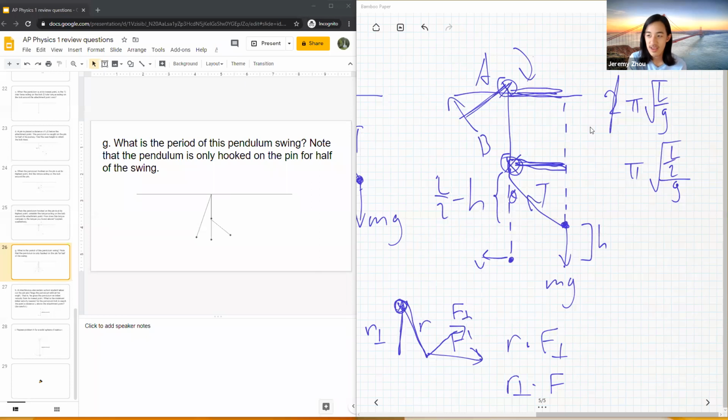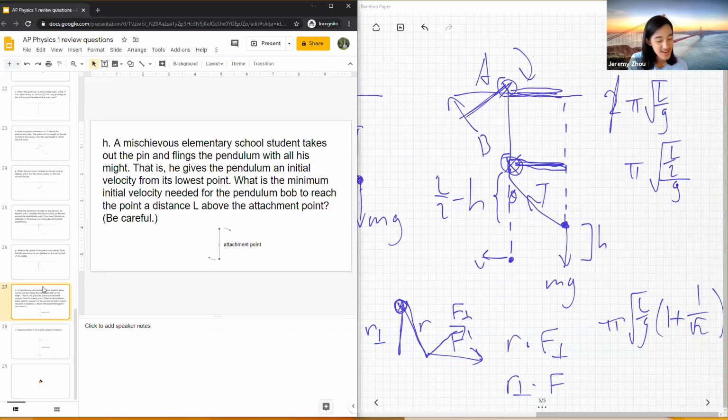So the final answer would be something like pi times root L over G times 1 plus 1 over square root of 2. Any question? All right. That's 2 plus square root 2 over 2. Yeah.